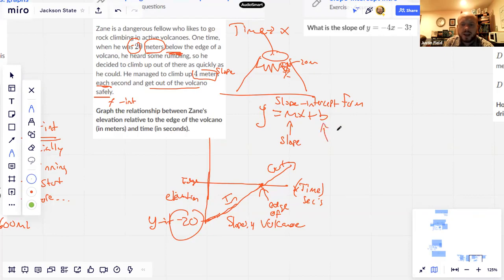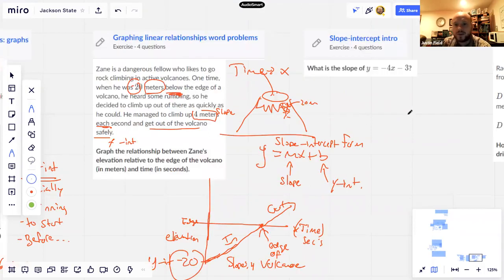And b is the y-intercept. So this is a very helpful way to think about a line because it tells you how fast or slow it's increasing or decreasing. We get the slope right there. And the y-intercept, where did it start? And then we could solve for the x-intercept and find out where did it end. You guys did that last week.